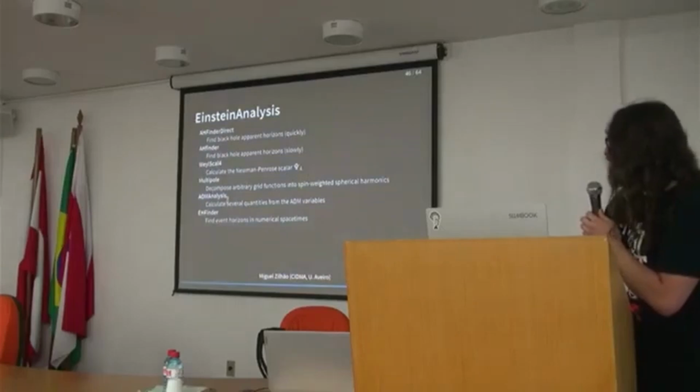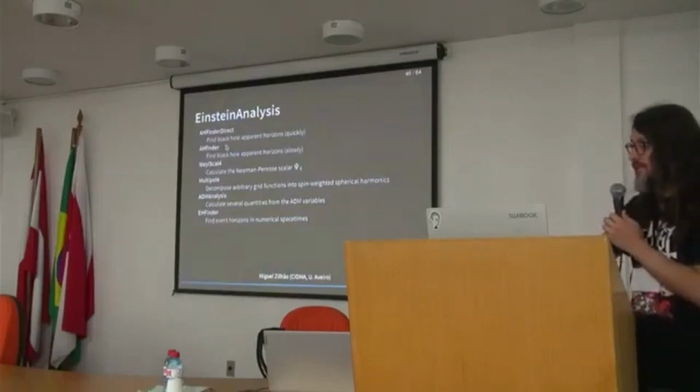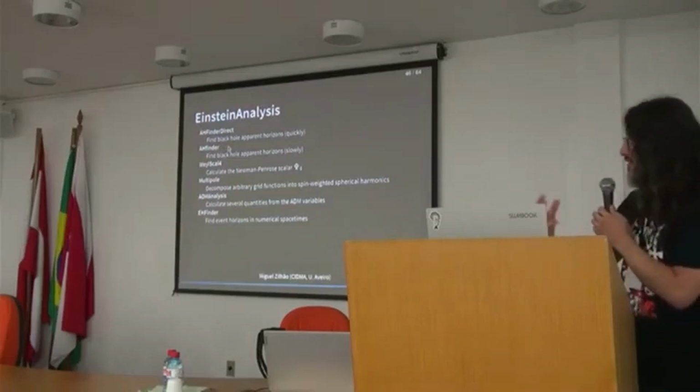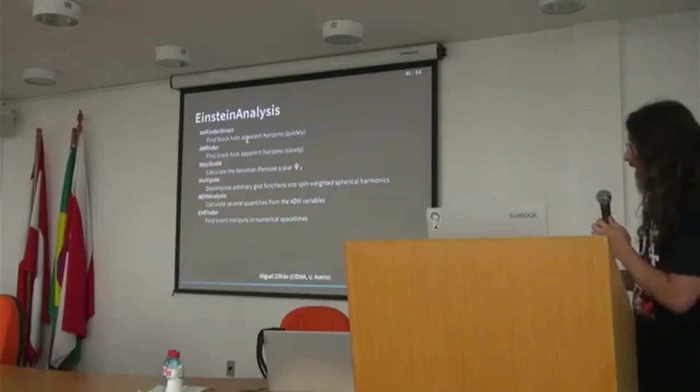There's a bunch of tools for you to compute quantities from the ADM variables. There is even a thorn that allows you to find the event horizon. The apparent horizon is a local quantity, so these two here run on the fly, right?